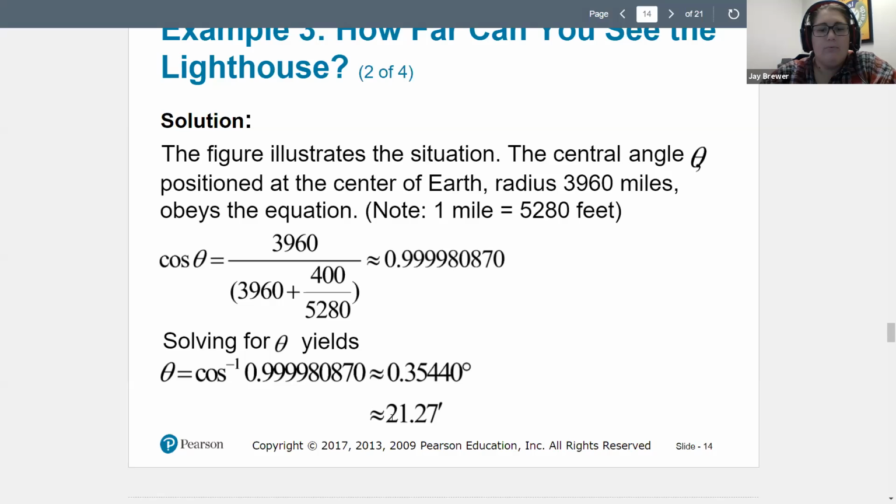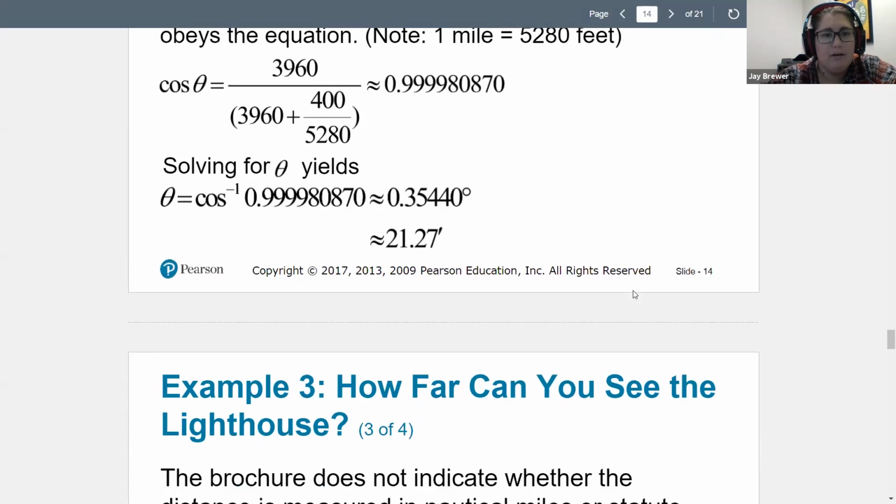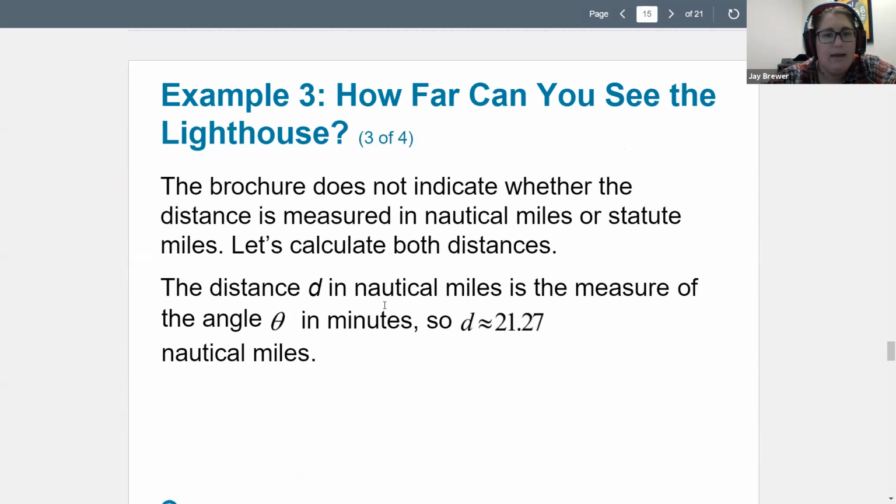So then we end up with, they gave us the degrees and then also the minutes. The minutes kind of help us out because we have to figure it out using 2 options here. You have nautical miles or statute miles. To find your nautical miles, we're going to take the angle and find it in minutes. Well, we already did that on the last slide.